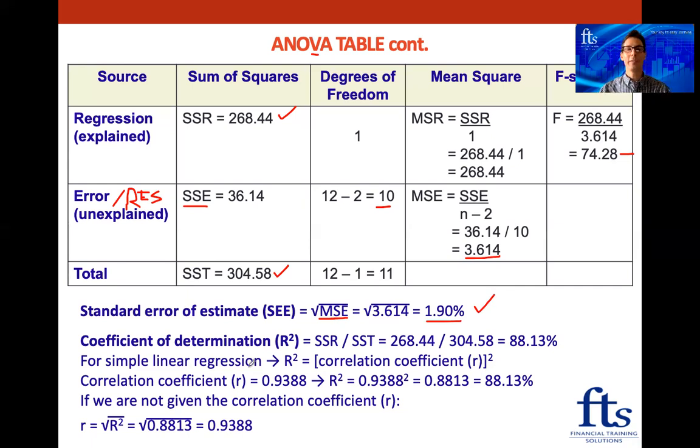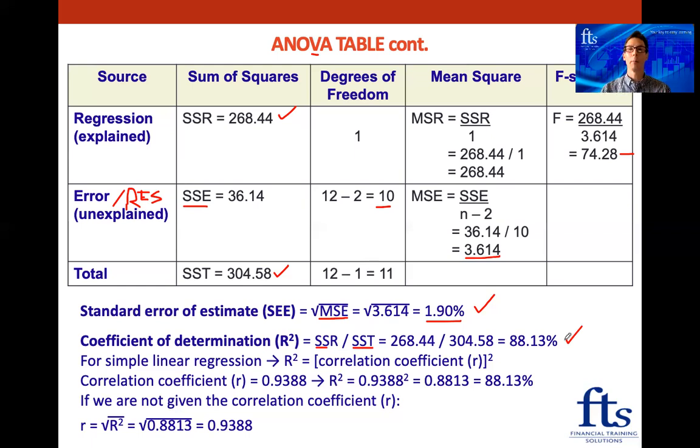And now the coefficient of determination. Remember what we do? We take the SSR, the sum of squares regression, divided by the sum of squares total, and it comes out at 88.13%. So that's also brilliant. Remember what this is in words: it is the percentage of the total variation in the dependent variable that is explained by our independent variable.